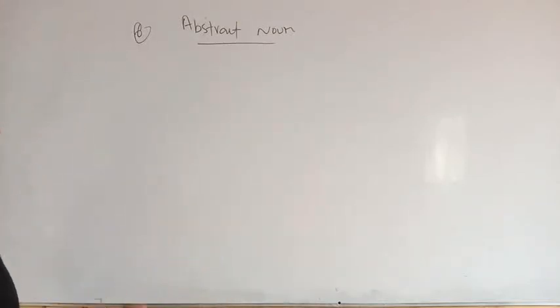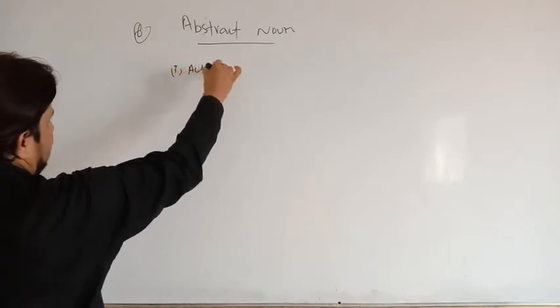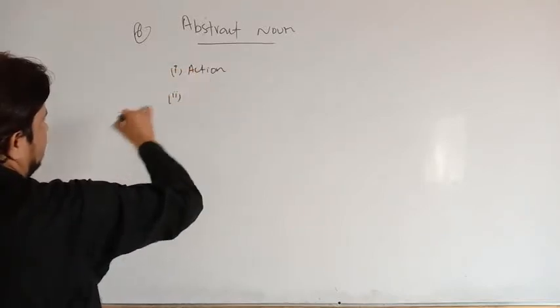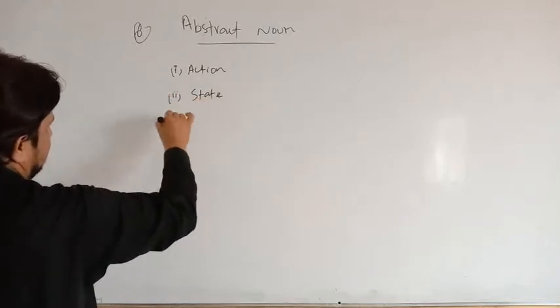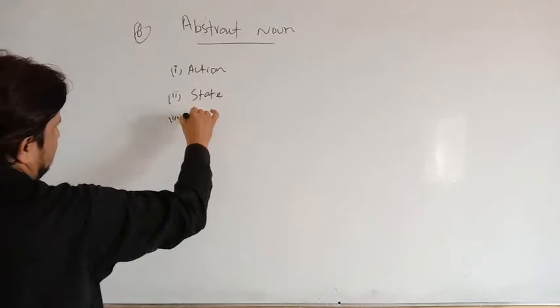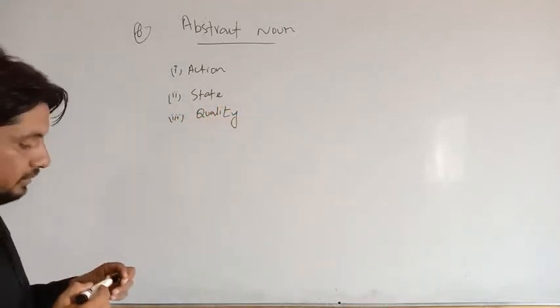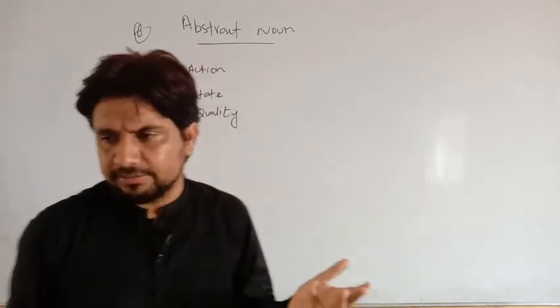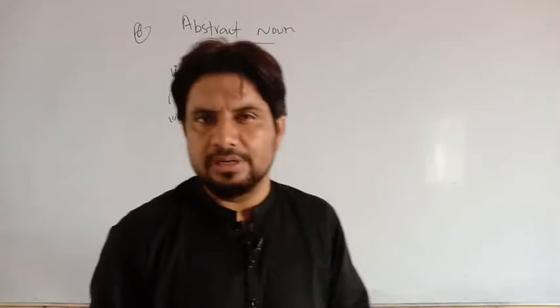There are three main things. Number one, action. Number two, state. And number three, quality. You have come across these things so many times in your life.